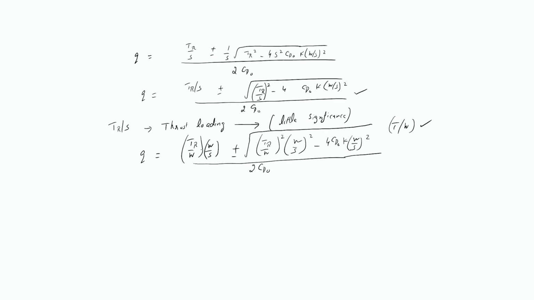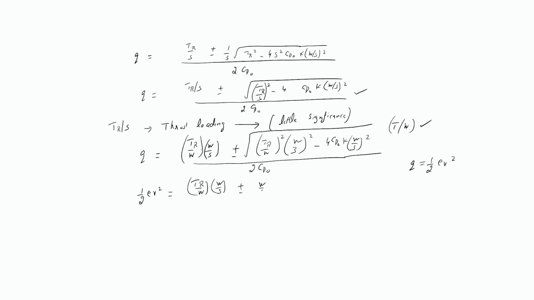Now let us substitute Q equals half rho V square. So we have half rho V square equals TR by W, W by S, plus or minus.